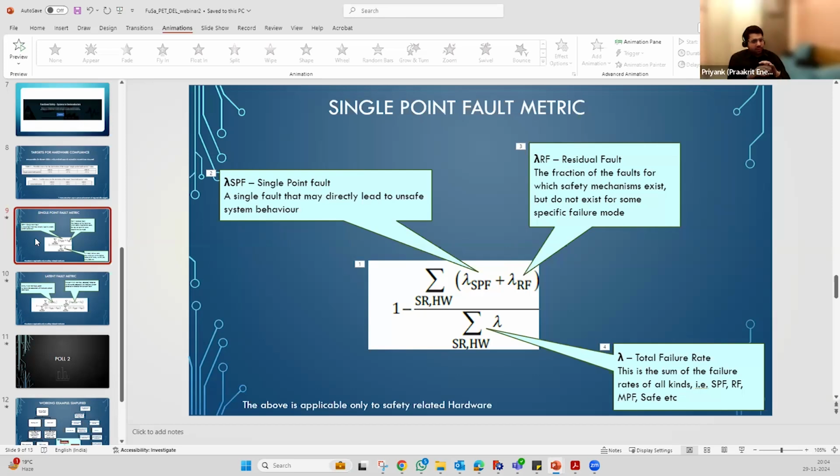So given the fact that they will happen, what is the likelihood that you have a safety mechanism deployed that will detect it? Simplistically speaking, let's say there are 100 failures. For those 100 failures, how many are not covered at all by any safety mechanism? And even the ones which are covered by safety mechanisms, what is the leakage? The leakage plus the failures which have no mechanism at all help us calculate the single point fault metric.